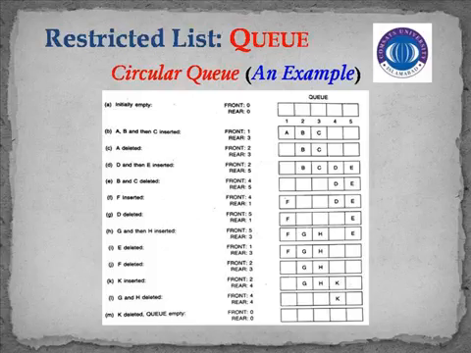Dear students, the circular queue can be deployed by an operating system in the round-robin algorithm to schedule the processes in the uniprocessor environment.